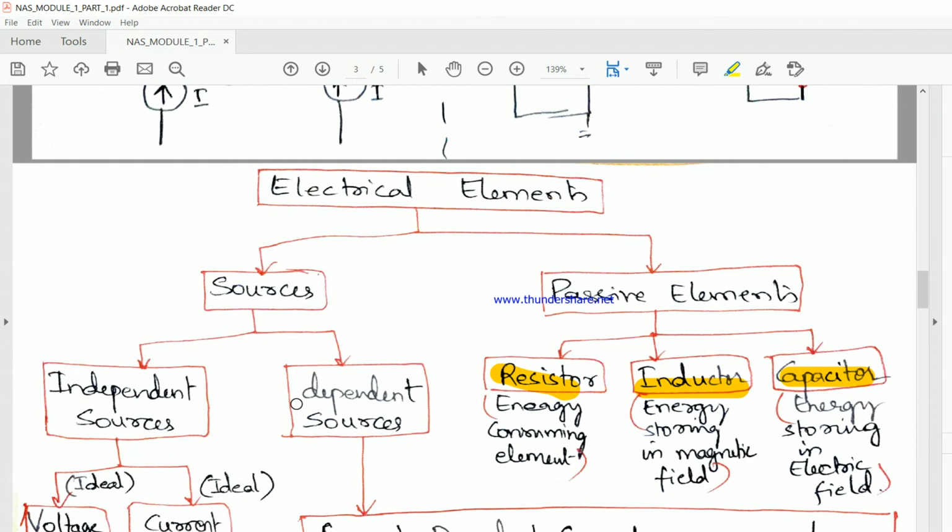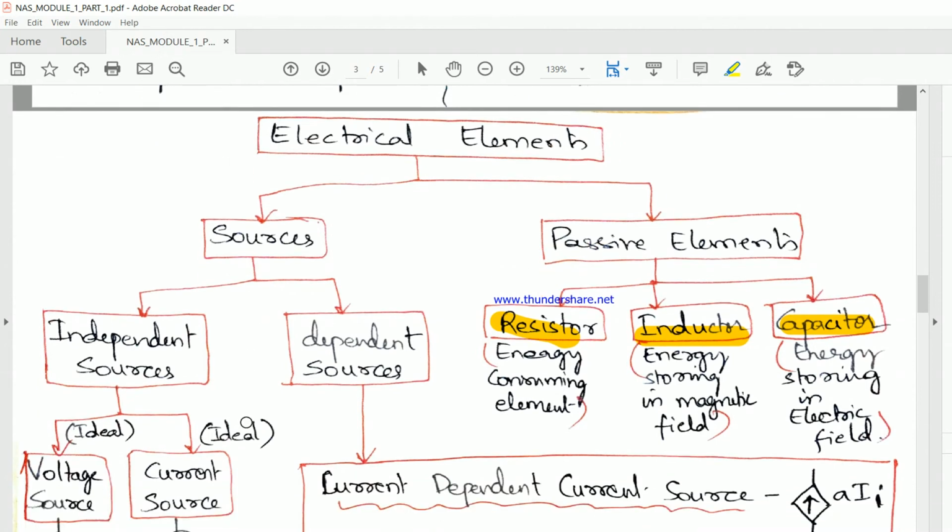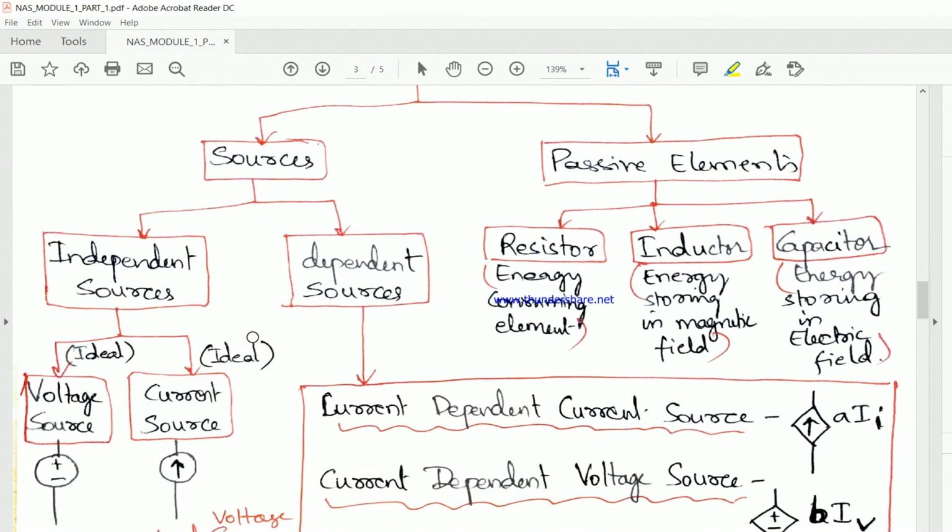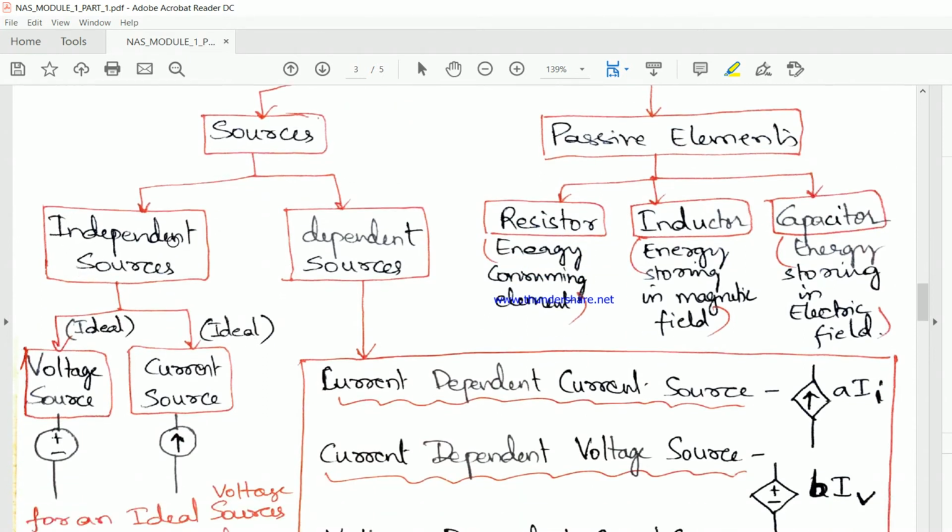Coming to the independent source, we have two types of independent sources. One is the voltage source and the other is the current source. Normally we assume the sources to be idle.